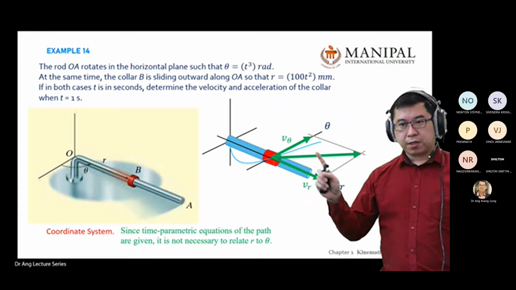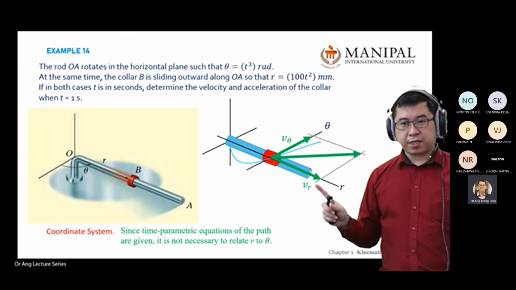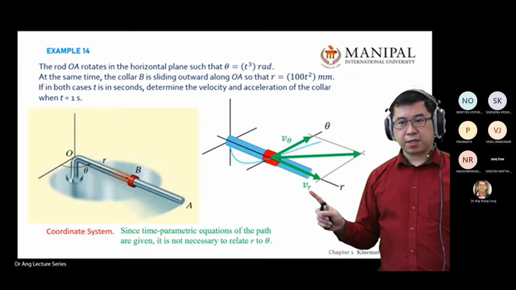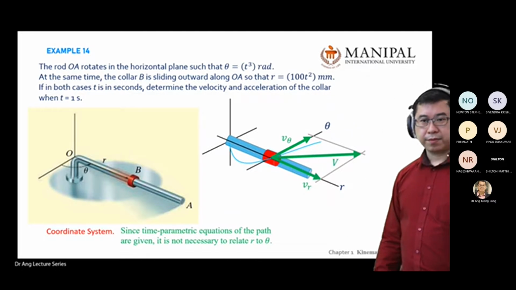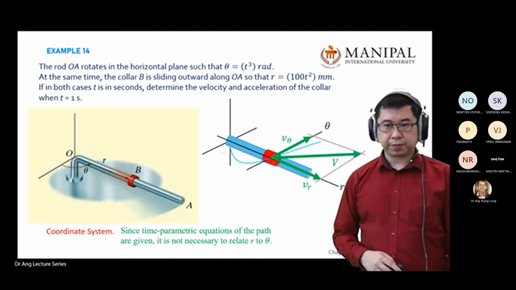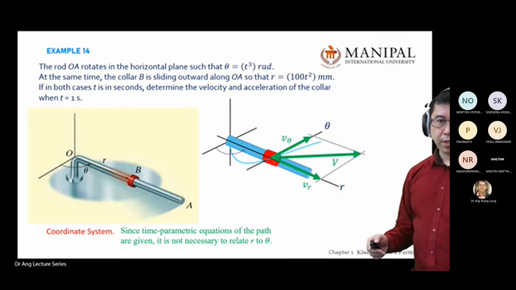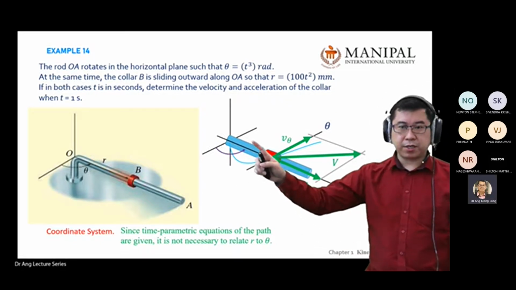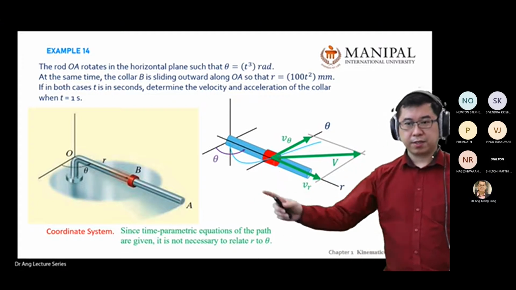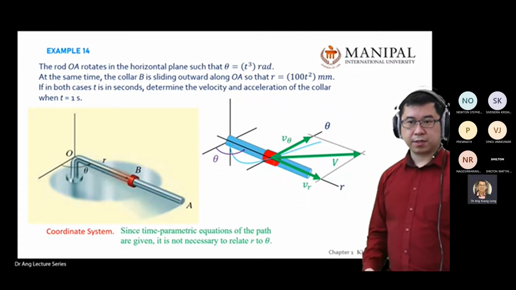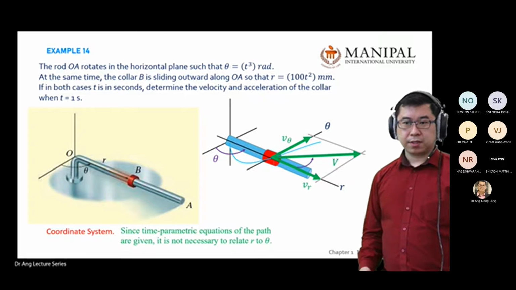So to find this one, you take this one plus this one, right? So V, and the direction of rotation of the rod is anti-clockwise, theta.